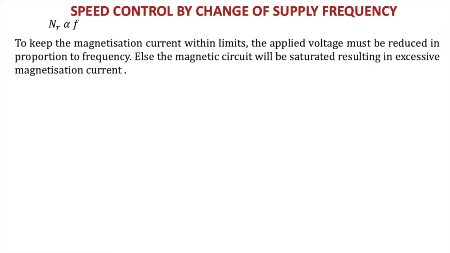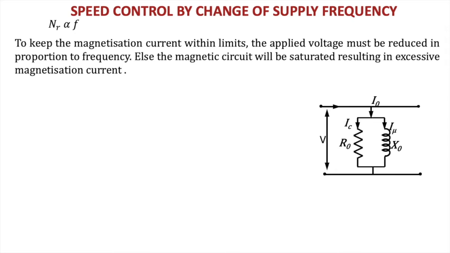We'll try to understand this point with the help of the equivalent circuit. Now over here you can see the magnetizing reactance is given by X0, which is equal to 2 pi f L0. So it is directly proportional to the frequency, and if the frequency is reduced, the magnetizing reactance reduces, and therefore the magnetizing current will increase.